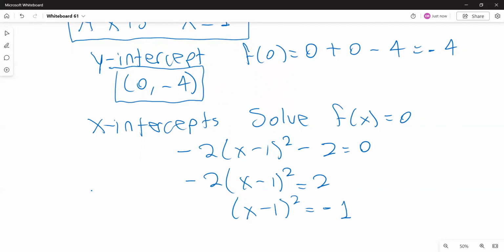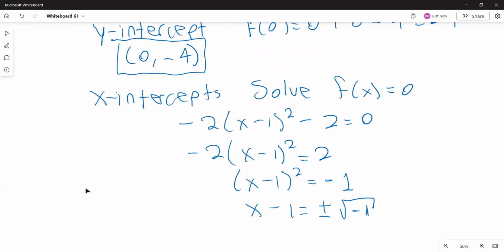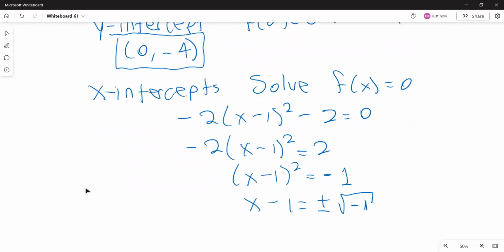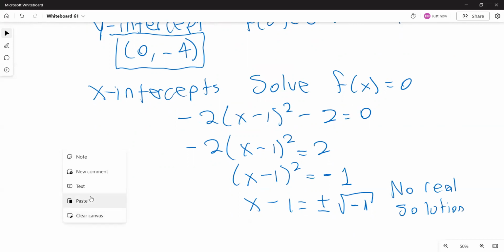But that's a problem, because when I try to solve this, I have that x minus 1 is plus minus the square root of -1, which we learned has no real solution. This has complex solutions. So this graph has no x-intercepts.